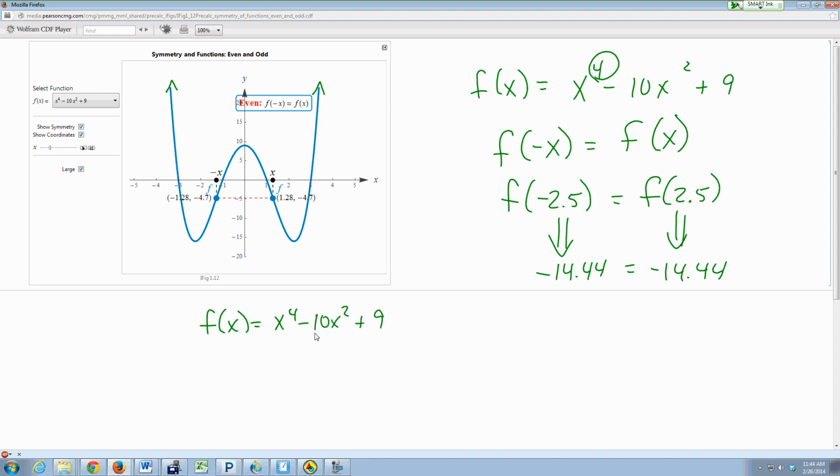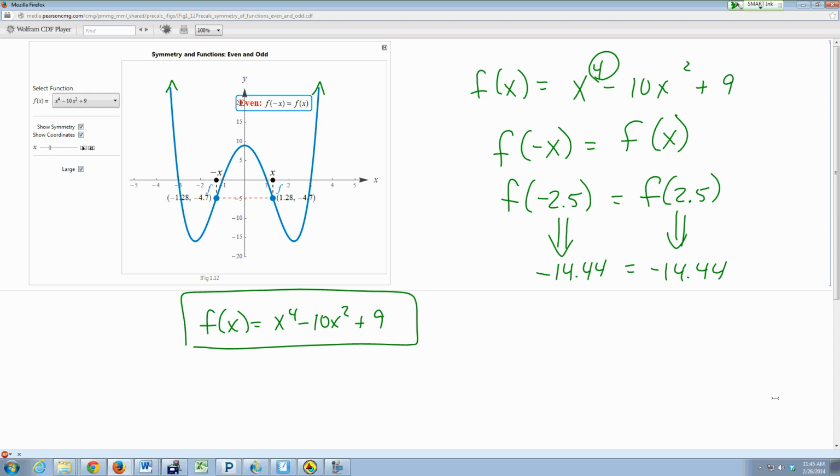on a quiz or a test, if I say, show whether this function is even, odd, or neither, you'd say, okay, well, let me think about this. I don't want to give it away. So first of all, you say, okay, even functions, that's where I fold it around the y-axis. And if my x values are opposite, my f of x and f of -x are exactly the same.